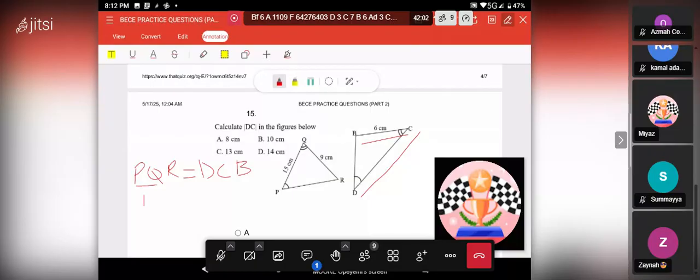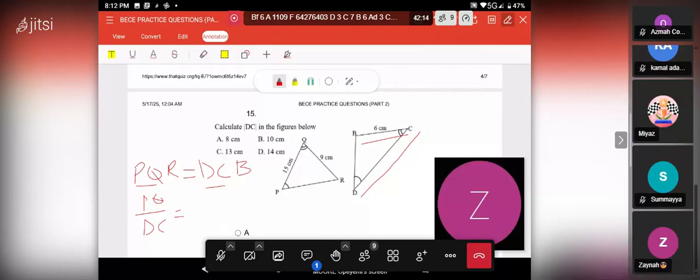If you are able to get these three correctly, the next thing you are going to do, so that you will not miss your step, is that you pick PQ, that is line PQ. Look at the way I pick it: I pick the first two here, so PQ over DC is equal to PR over DB.